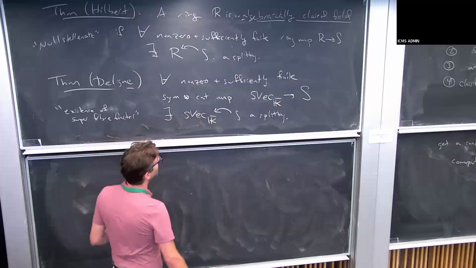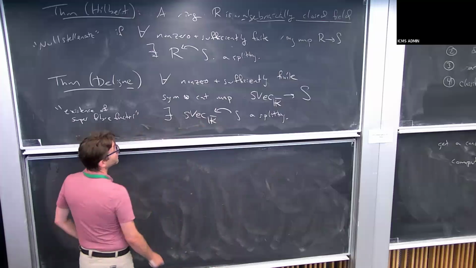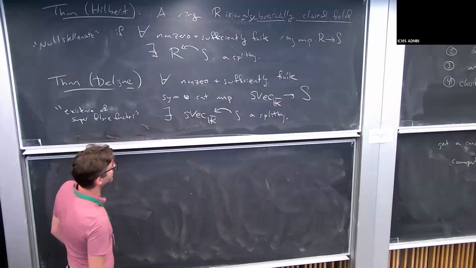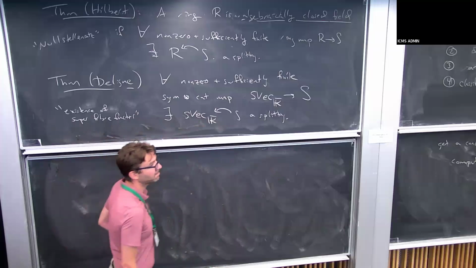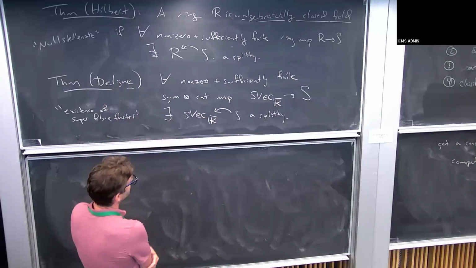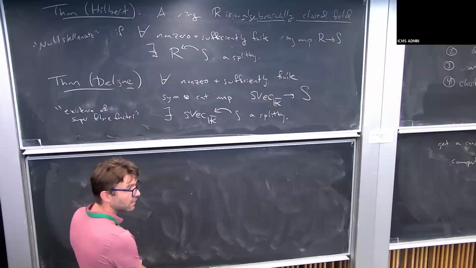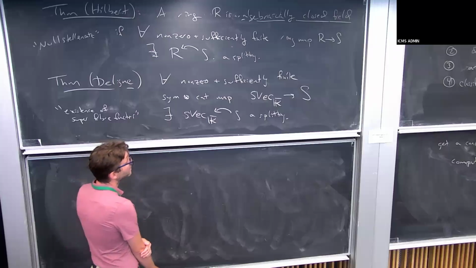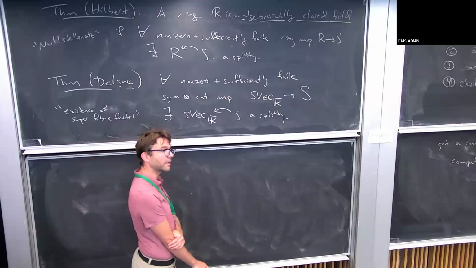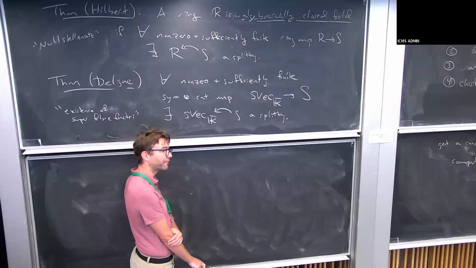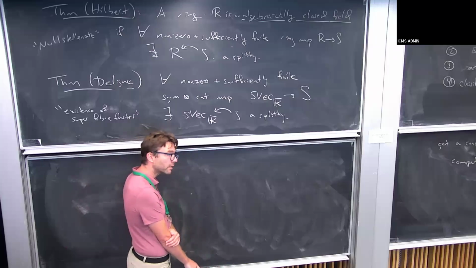And so that's why I'm calling supervector spaces W. If sufficiently finite means fusion, then the Verlinde categories are examples of algebraically closed categories.